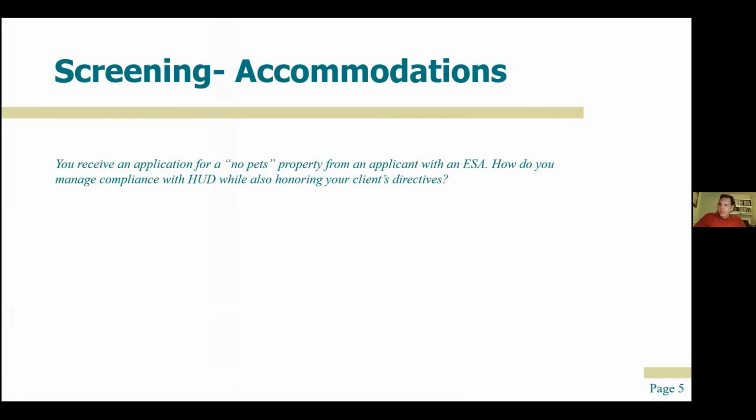If your landlord client, this is another real world situation, says this is a no pets property because I am deathly allergic to pet dander, I'm going to Barcelona for a fellowship for 2 years, and then I'm moving back into my house, it absolutely has to be animal free, or it will be a health problem for me.